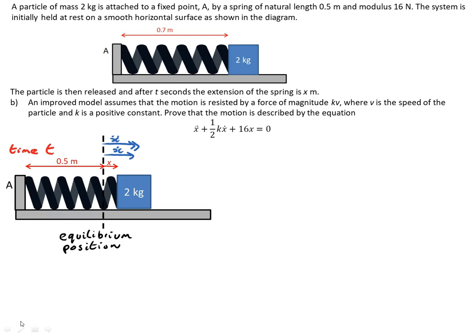So we've got the tension in the spring trying to pull the object to the left, and we've also got the resistive force which is in the opposite direction to the velocity of size k times the velocity. So applying Newton's second law, we have minus T minus k x dot must equal 2 times x double dot.